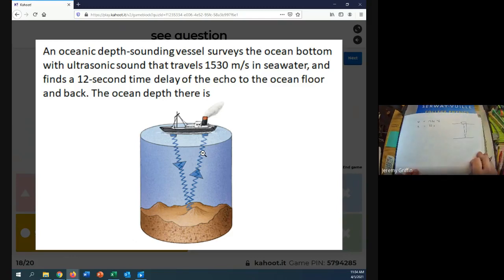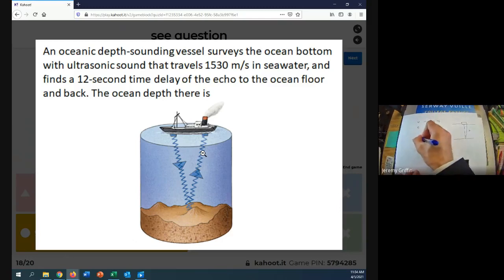Now, there are different ways to set this up. One way is to say, well, if the round trip was 12 seconds, then how long was the one-way trip from the floor back to the top? 6 seconds. So if I just call this 6 seconds, then the x that I solve for would be directly the answer I'm looking for.